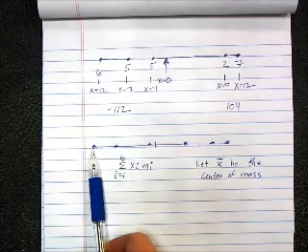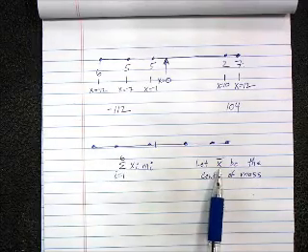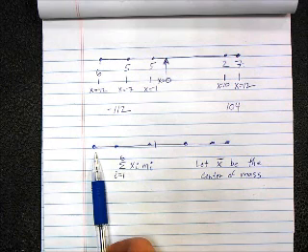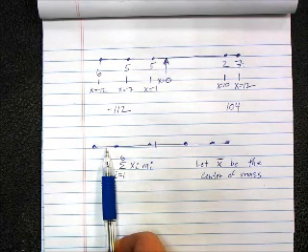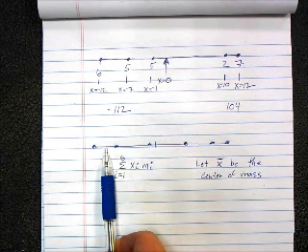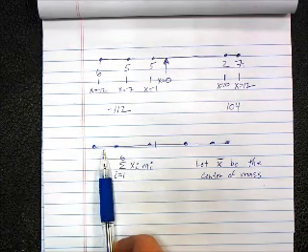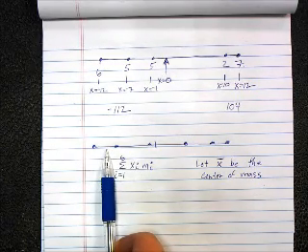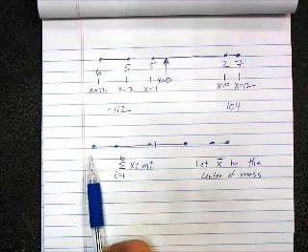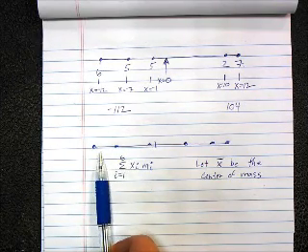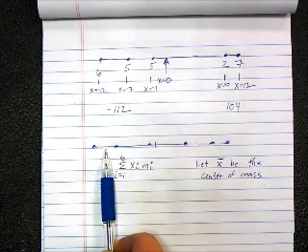So if this is the point -5, and I slide it x bar to the right, then where would that be? Actually, it would be negative 5 minus x bar.